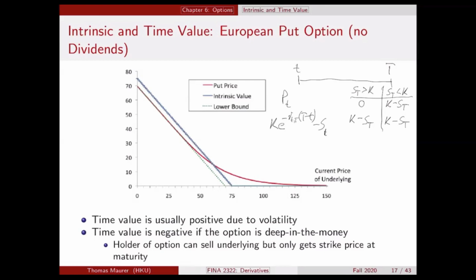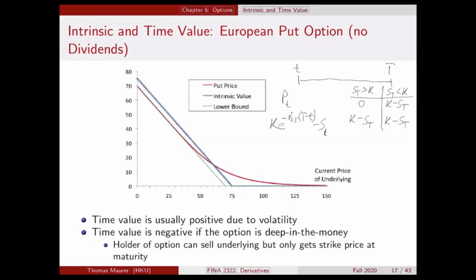Notice that in the case when S is less than K, then the payoff is exactly the same for these two strategies of buying either a put option or lending the present value of K dollars and short selling the underlying asset.